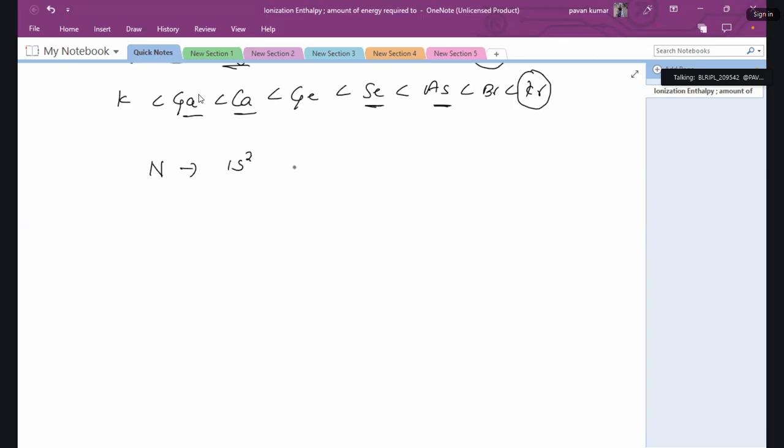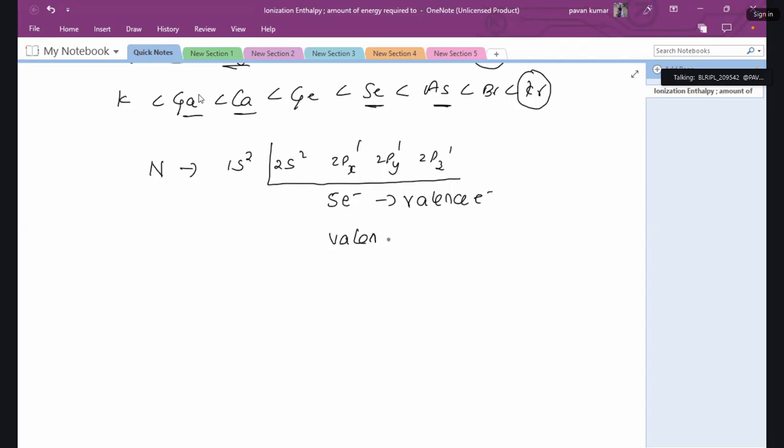So if you write down the electronic configuration: 1s2, 2s2, 2px1, 2py1 and 2pz1. This is the outermost electronic configuration. So how many electrons are present in the outermost shell? Total 5 electrons. So these are valence electrons. Valence electrons are different; valency is 3.